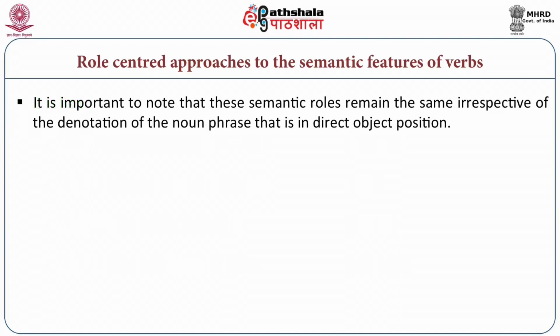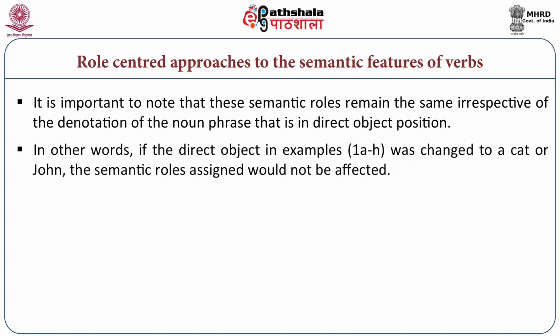These semantic roles determined by the predicate are largely unaffected by the denotation of the noun phrase that is in direct object position. In all cases, there is a reference to a world out there. In other words, if the direct object was changed to a cat or John, the semantic roles assigned would not be affected.